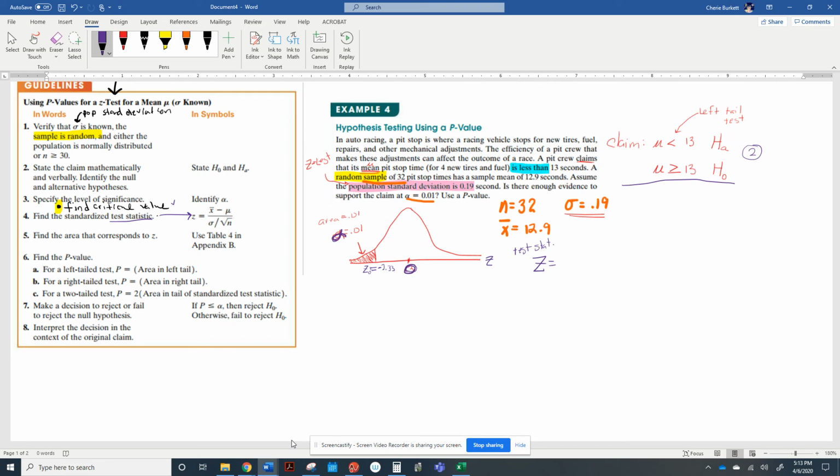So I'm going to go ahead and find the test statistic. You can find it by using the formula. You don't have to use the formula because StatCrunch will find it for you. But if you use the formula, it would be x bar, which is the sample mean, minus the mean of the population, which is what they're claiming up here.